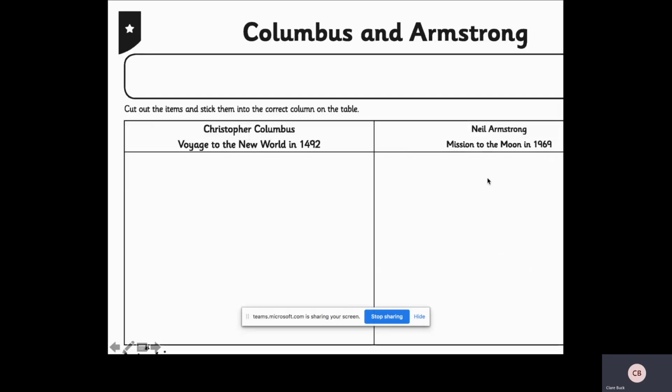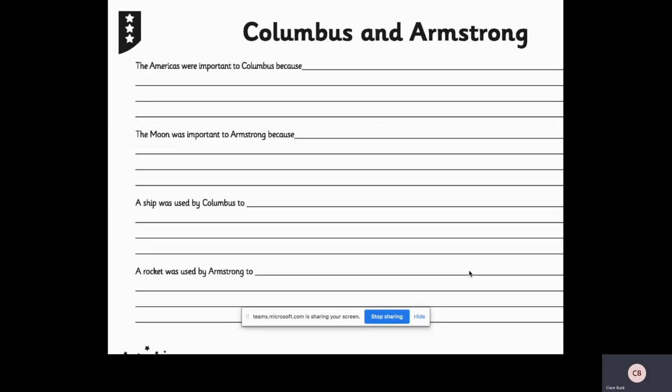And then Neil Armstrong's mission to the moon in 1969, put the items that you believe would belong there in that column. And then for those of you who are feeling particularly brave today, you could fill in these sentences. The Americas were important to Columbus because, and the moon to Armstrong because, and so on and so forth. Really thinking about your answers.